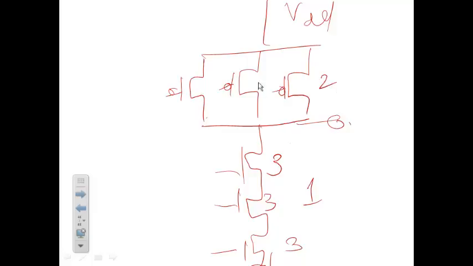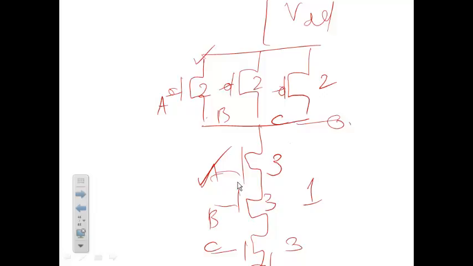Here I will have 2, 2 and 2. Correct? Any one can drive. We only calculate the best case delay. So if I call these A, B, C, A will now have 2 here plus another 3, another 3 there. So it is 5. So the logical effort of a 3 input NAND gate would be 5 by 3.